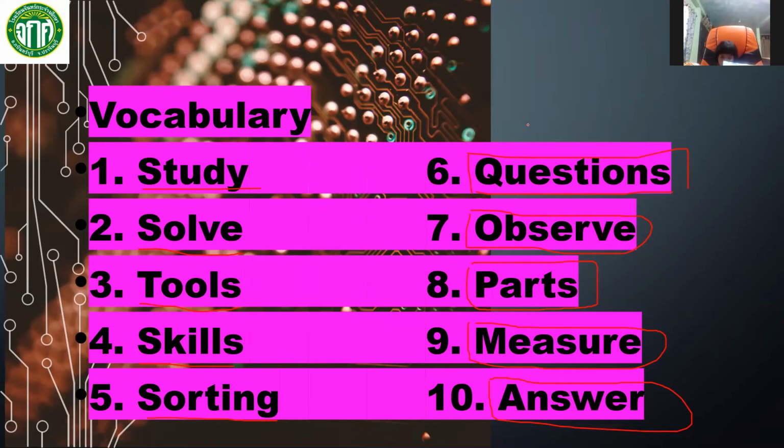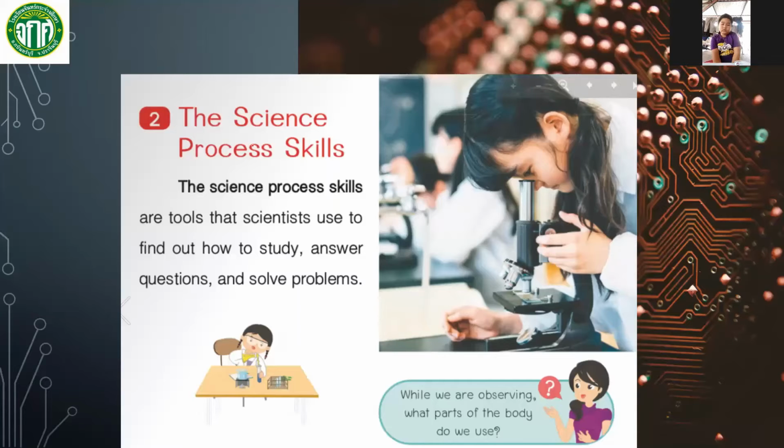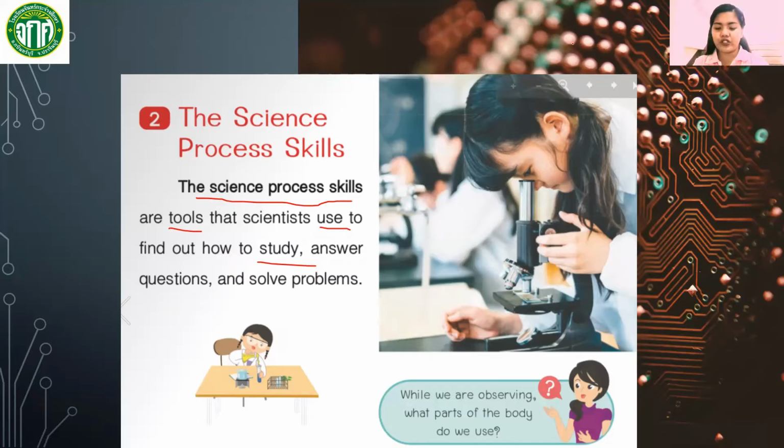Okay, let's start. We have here the science process skills. So what are the science process skills? The science process skills are tools that scientists use to find out how to study, answer questions, and solve problems. I'm sorry, I'm going to mute everyone, okay? So that it won't be noisy.